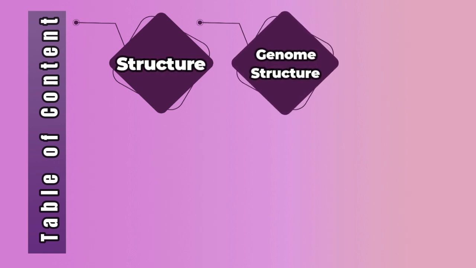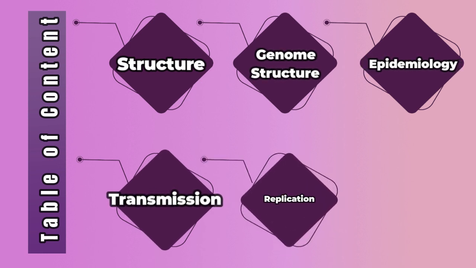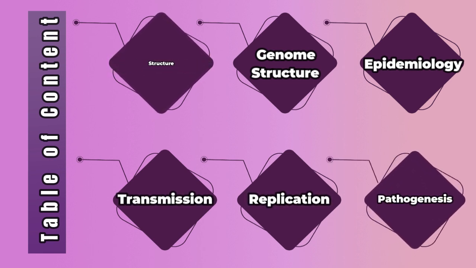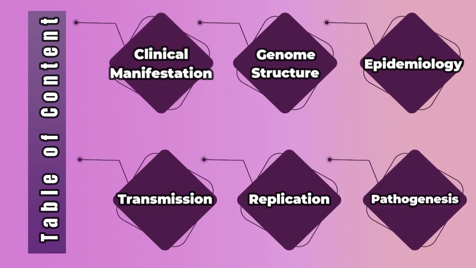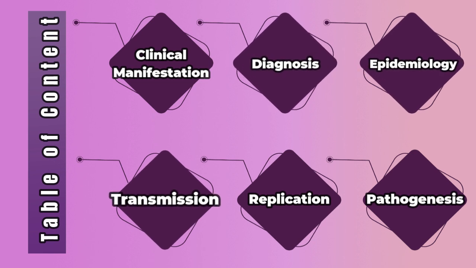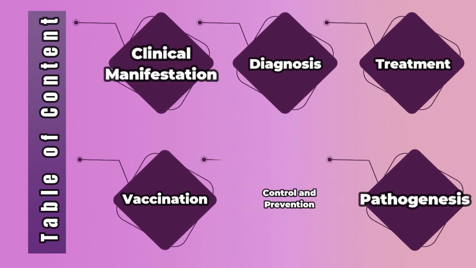Let's dive into the table of contents of this chapter. We will learn the structure of the human papillomavirus, genome structure, epidemiology, transmission, replication, including an early phase of viral replication and late phase of viral replication, pathogenesis, clinical manifestations, mucosal human papillomavirus infections, cutaneous human papillomavirus infections, its diagnosis, treatment, vaccination, and lastly, prevention and control.